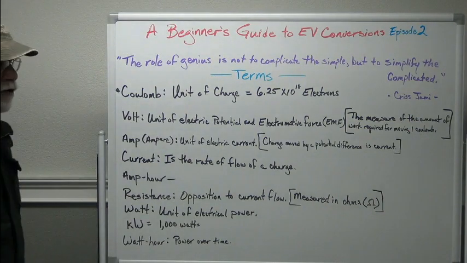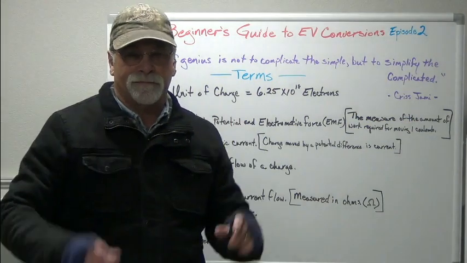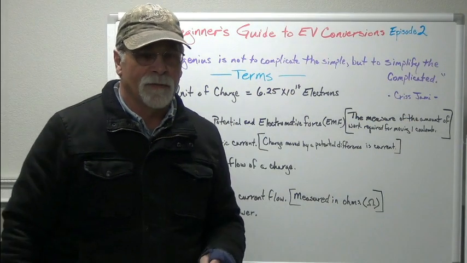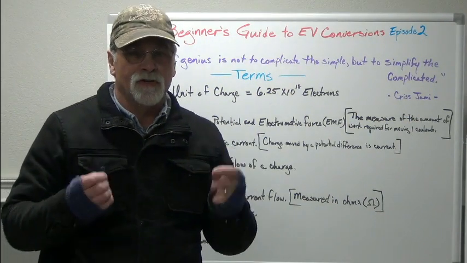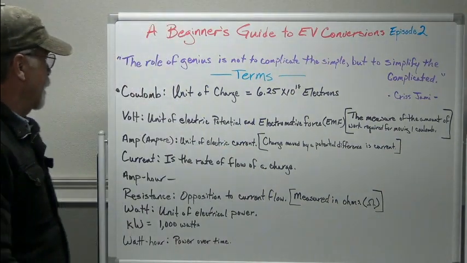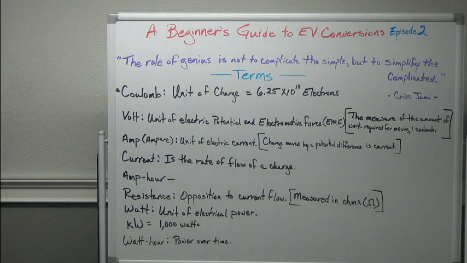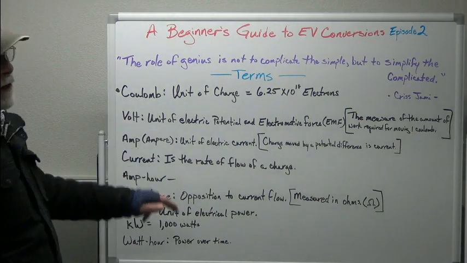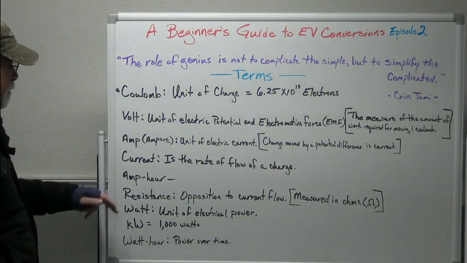If you picture a battery and you have positive and negative terminals, between those two terminals there's a potential difference. That potential difference, or electromotive force, is what we're talking about, and it's measured in volts.